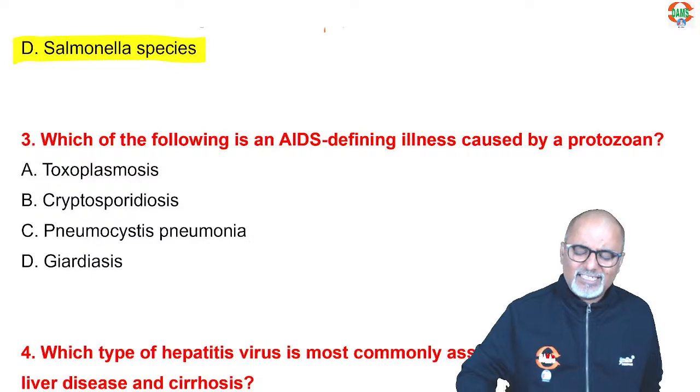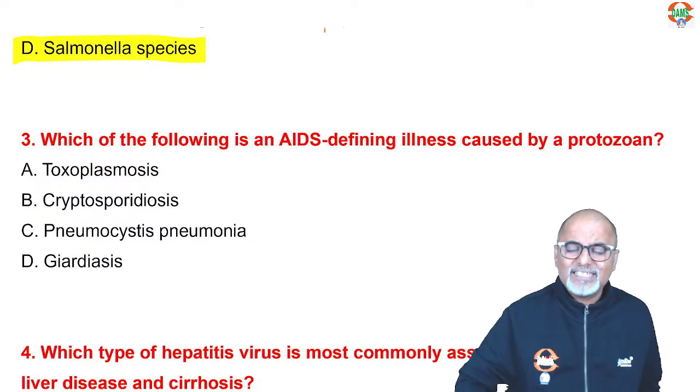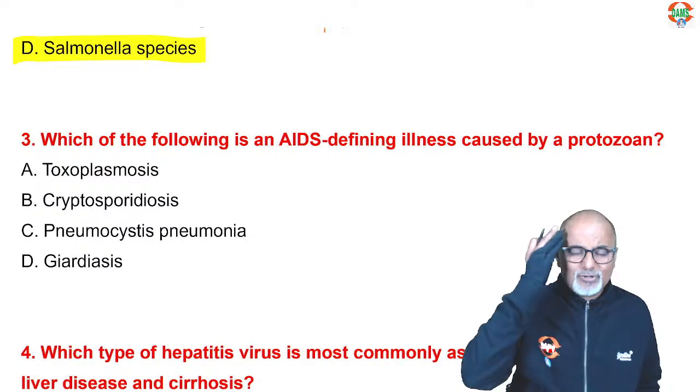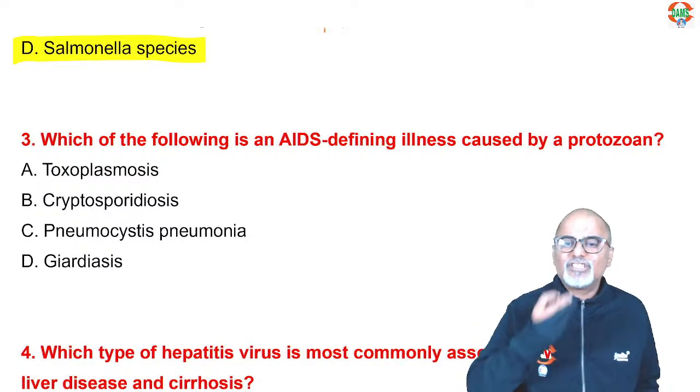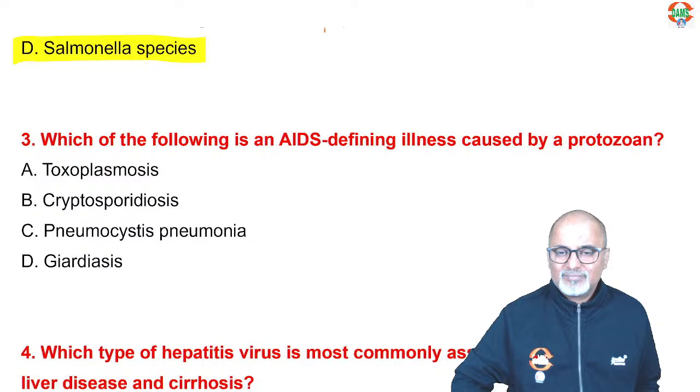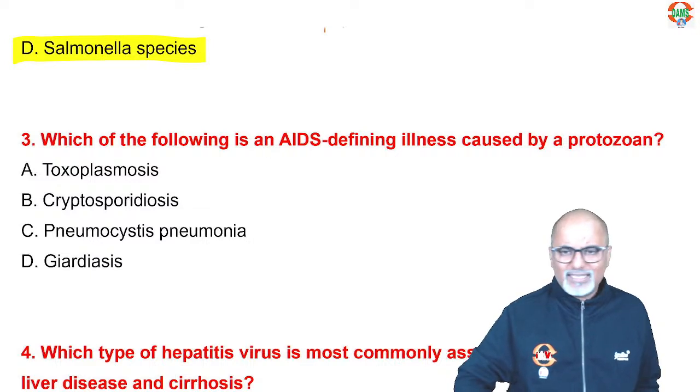If you do an HIV test, 90% it will be positive. That is called AIDS defining illness. Classical ones are cryptococcal meningitis, esophageal candidiasis, Kaposi sarcoma, extrapulmonary tuberculosis, many are there.